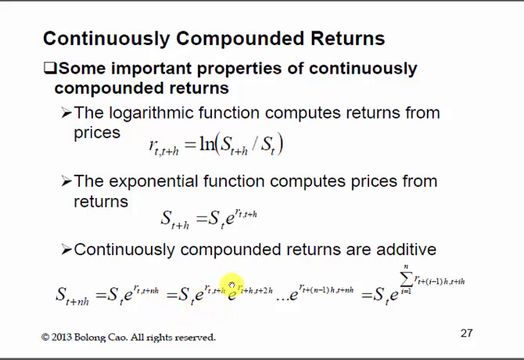And that will be a sequence of these continuous returns put together, and in the power, when you multiply each of these continuously compounded returns for each period together, it's actually a summation of all the continuously compounded returns.